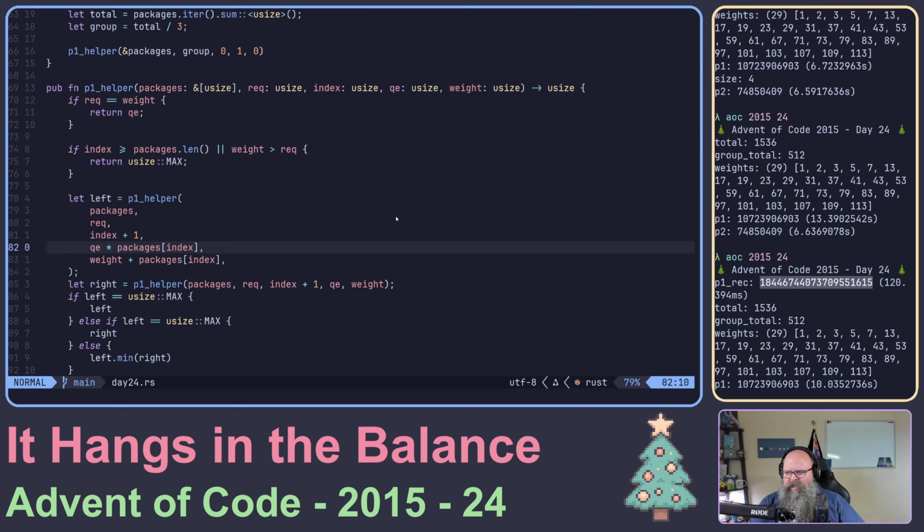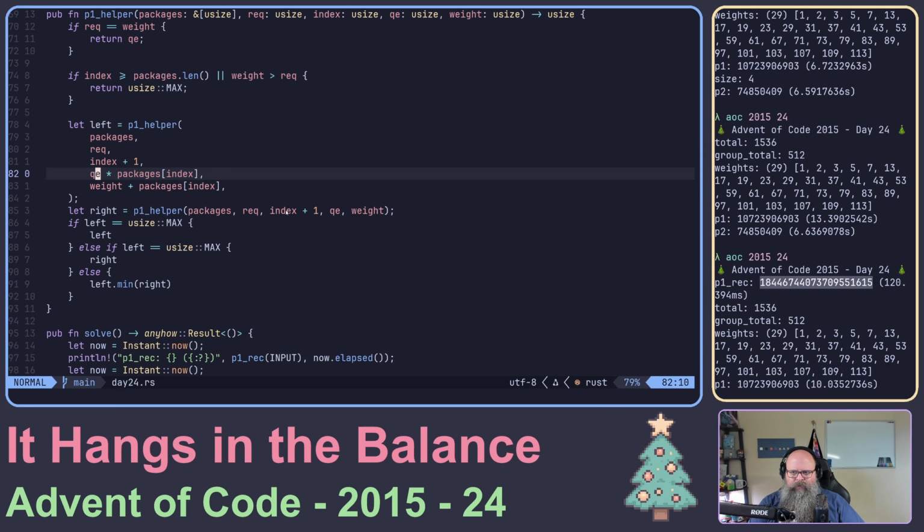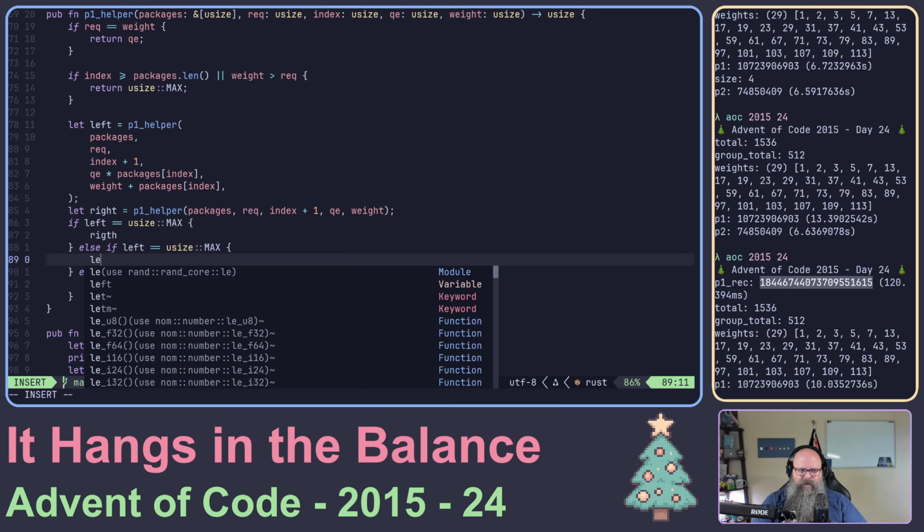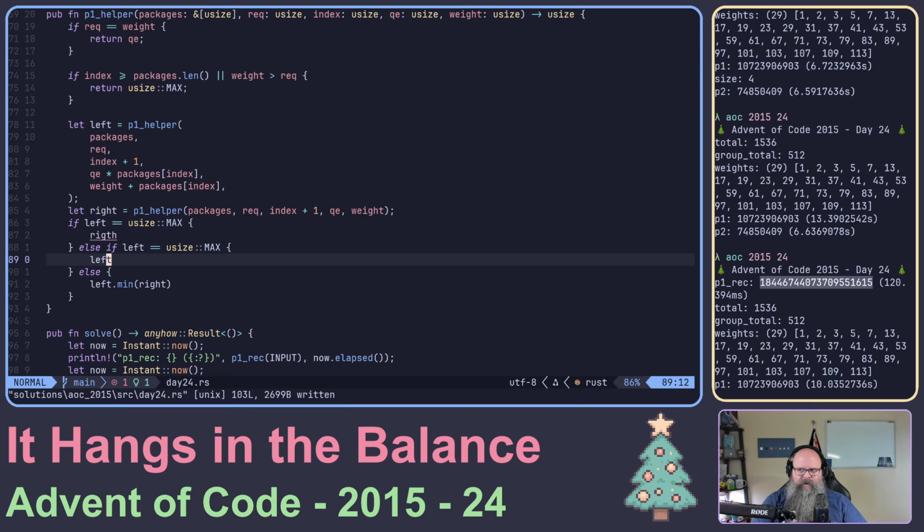And the right is the same, but you don't use it. If left is Umax, oh, this is it right here. I return right, left, that.